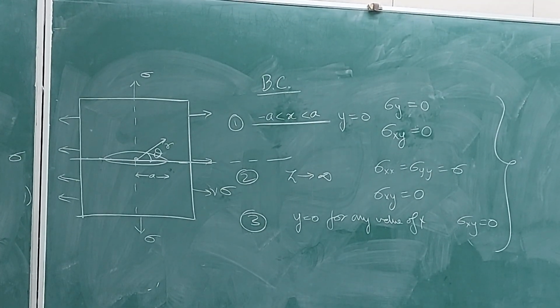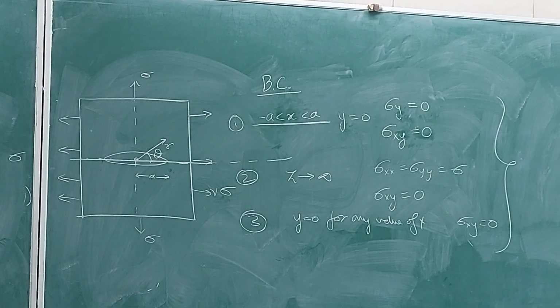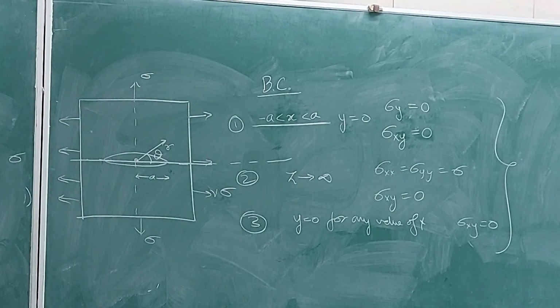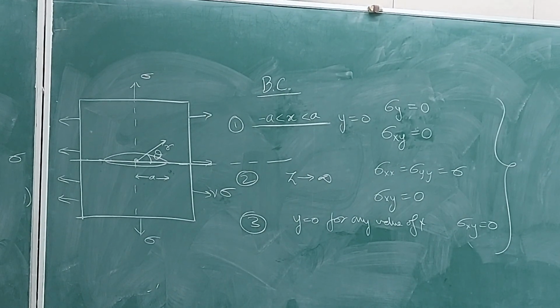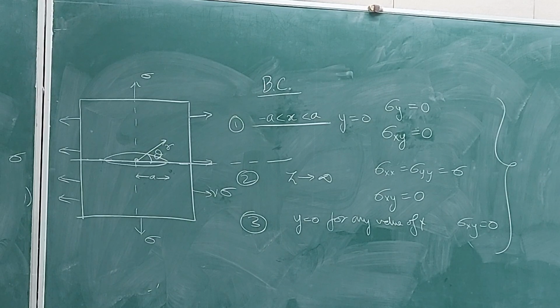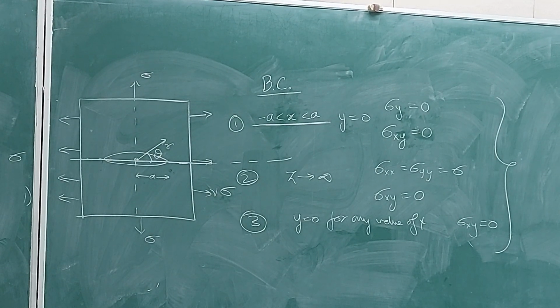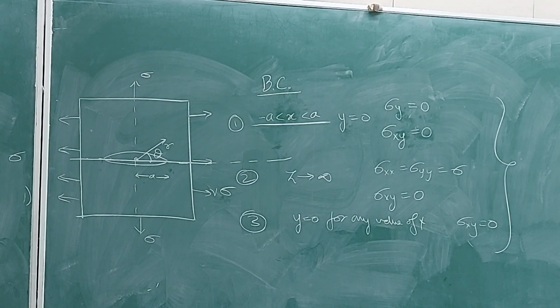When we study plane stress condition, there is shear stress. Then why are we considering 0? Far field. It is at far field, when z is infinite. Far away from the crack, you should have shear stress equal to 0. That should be the boundary condition.